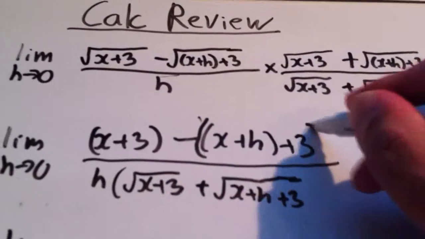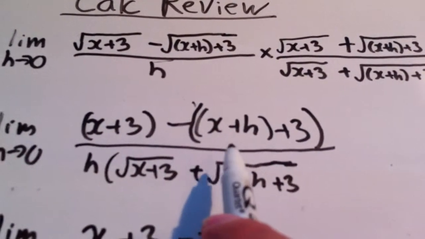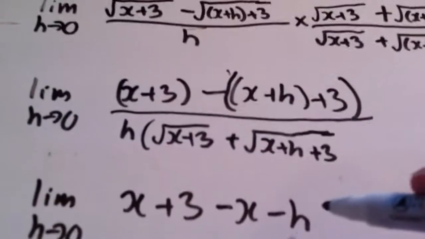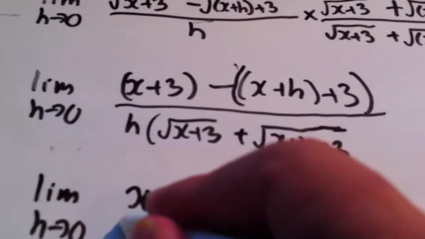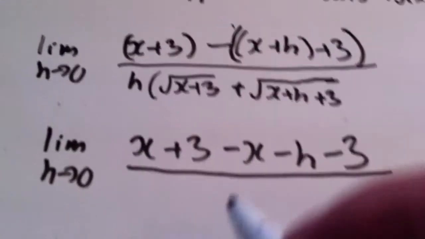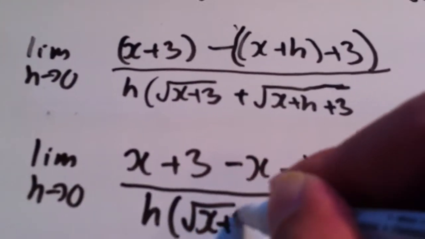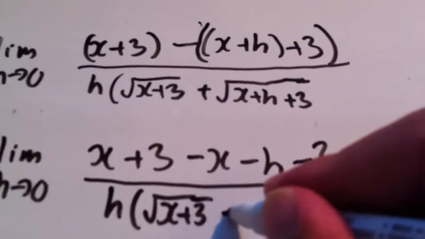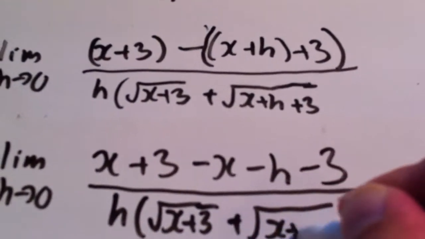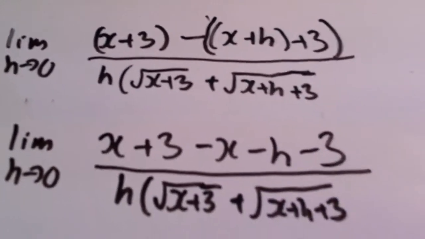Sorry, there should be a big bracket around all of this, so it's minus x minus h, and then that becomes also minus 3, all being divided by, and the bottom doesn't really change much because there's not much to do there, root of x plus 3 plus root of x plus h plus 3.